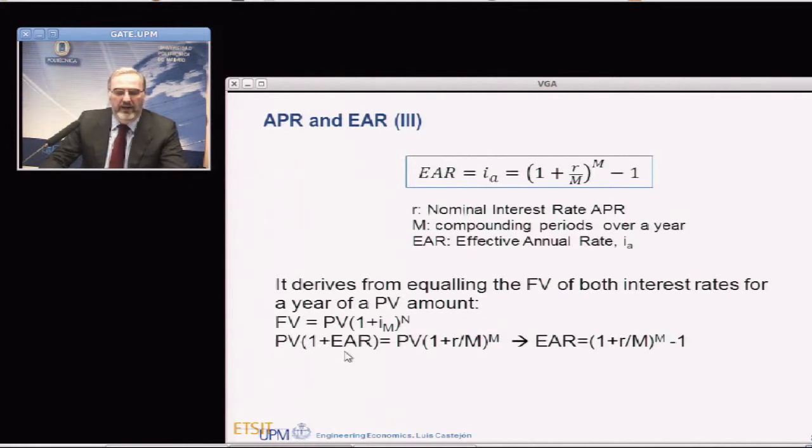So if you clear up EIR, this is the formula, so it's not strange for us.